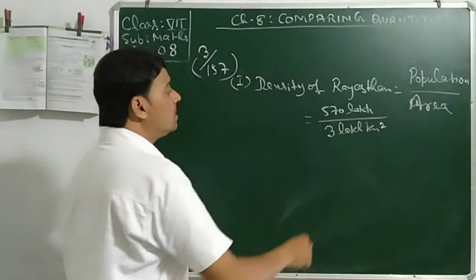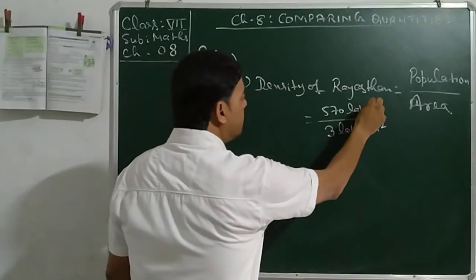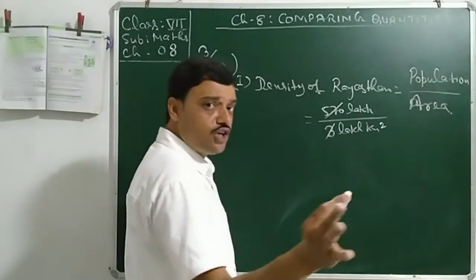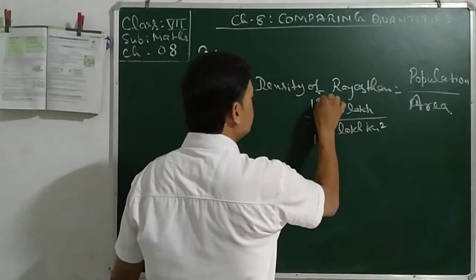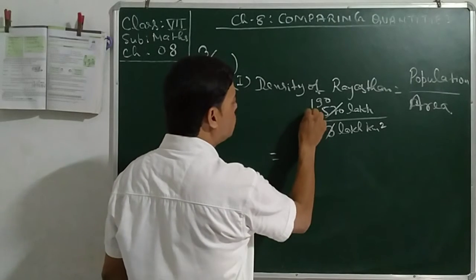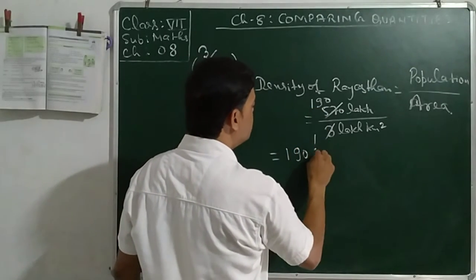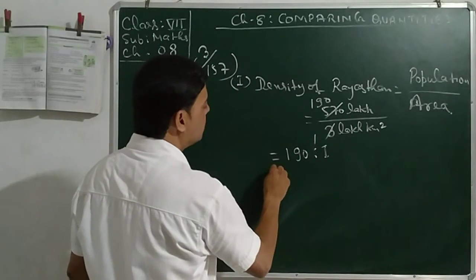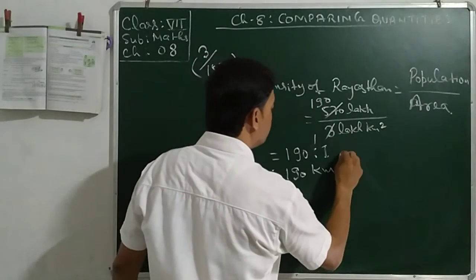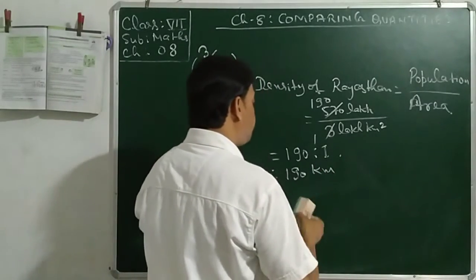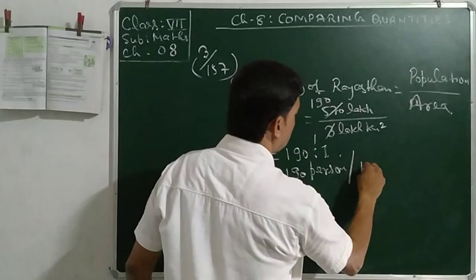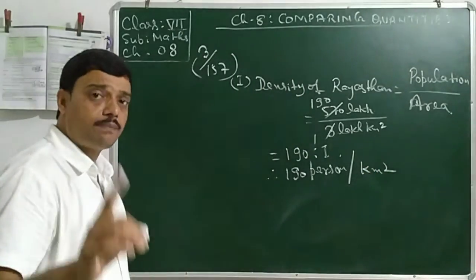So 3 lakh and 570. If you reduce them to the lowest term, 3 1s are 3, 3 190s are 570. So we got 190 is to 1. We can say it 190 person per square kilometer. This was the density of Rajasthan.